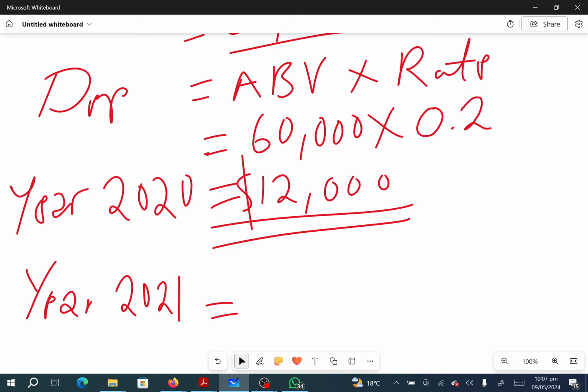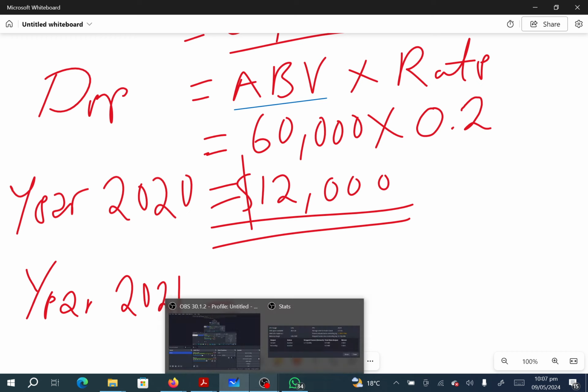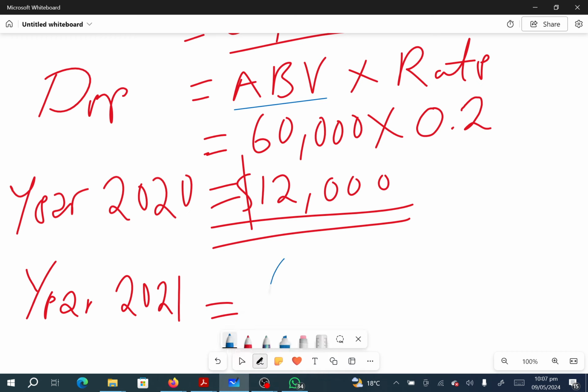The book value for the previous year ended was this one here, 60,000, minus the depreciation in that year, which is 12,000.